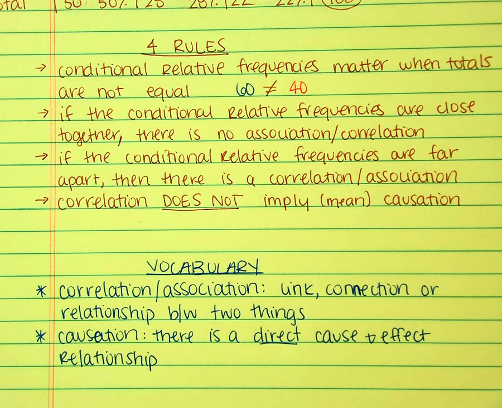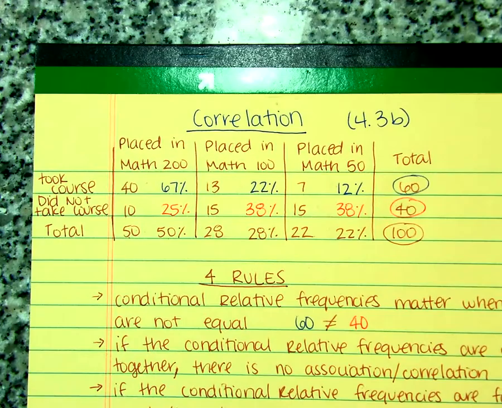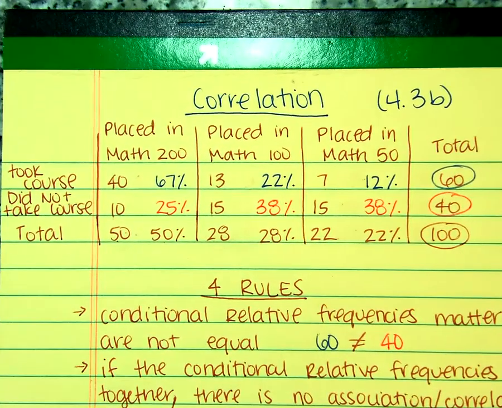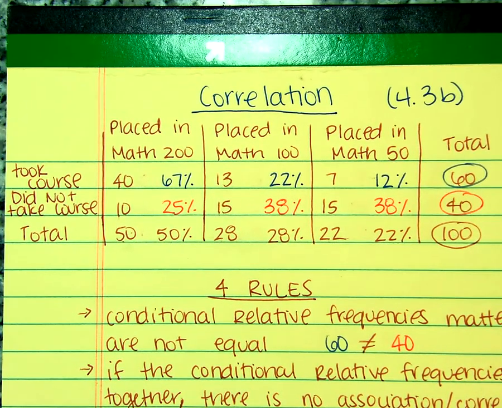So if we look at our chart above, zoom in so we can see everything. Do you think that there's a correlation between taking the course and getting placed in a higher math class in college? I would say that there is evidence of association because they're noticeably different for those who took the course and for those who did not take the course.